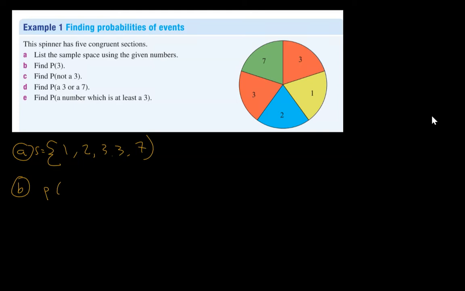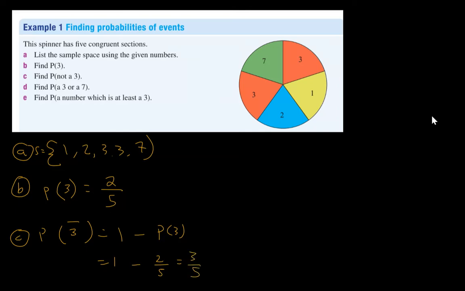B, probability of 3, well, that's going to be 2 over 5. C, probability not 3, put a little bar on the top. Probability of something not happening is 1 minus the probability that it happens. So that's going to be 1 minus 2/5, which is 3/5.